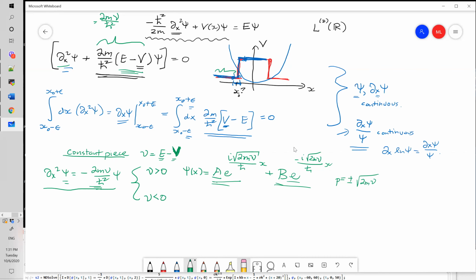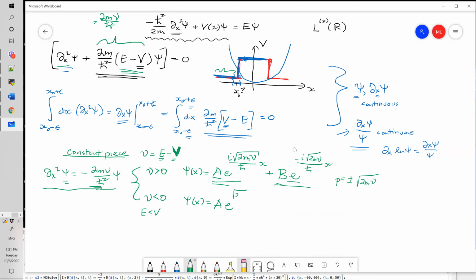You don't ever consider the case classically where the total energy is less than the potential energy, because it would correspond to negative kinetic energy. It would be nonsensical. But in quantum mechanics, it's perfectly fair to consider such things. And in that case, psi of x develops exponentially decaying and growing solutions. So instead of oscillations, you get exponential decay or growth.